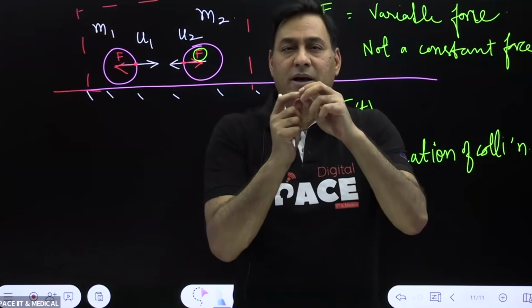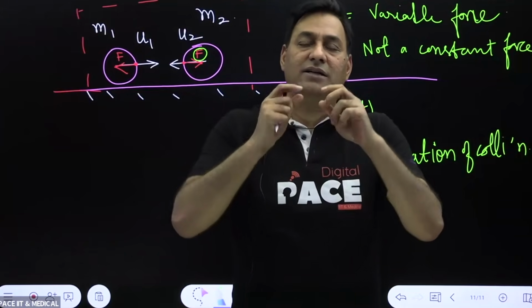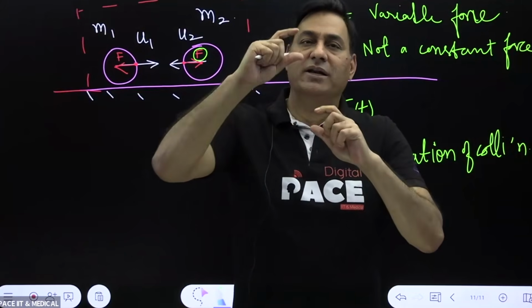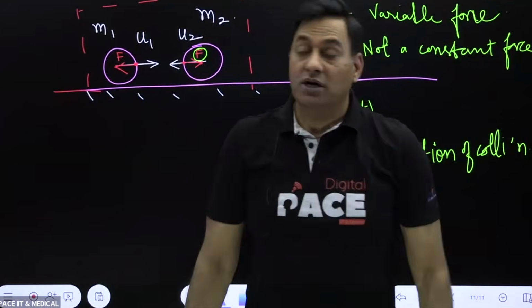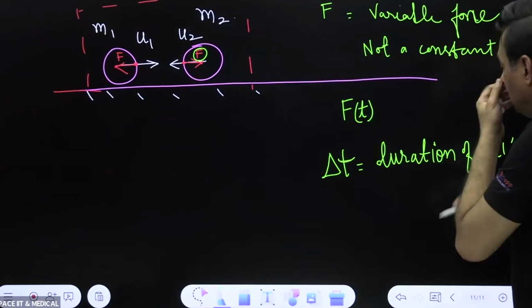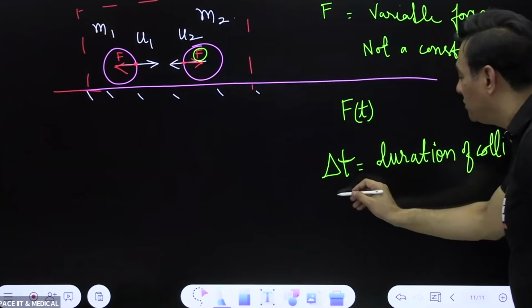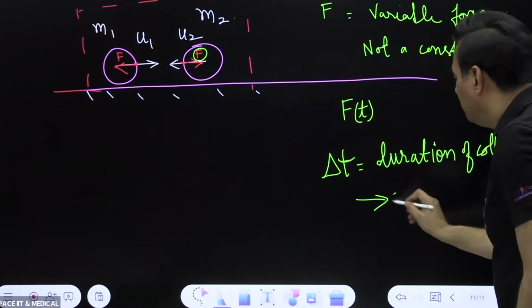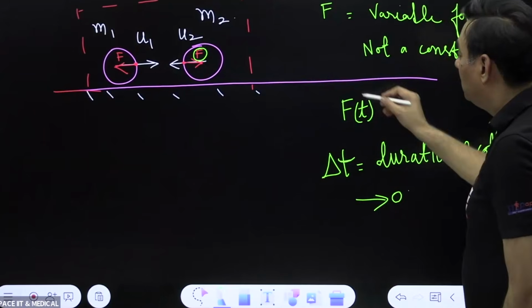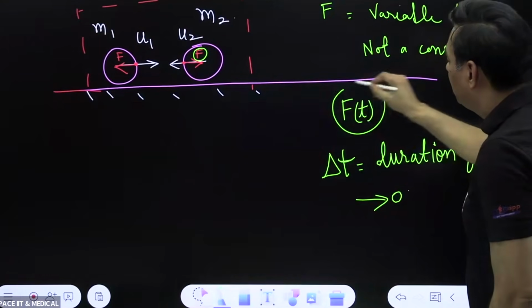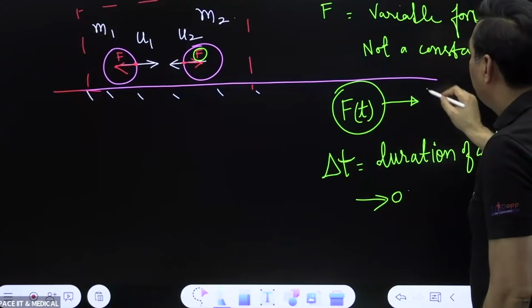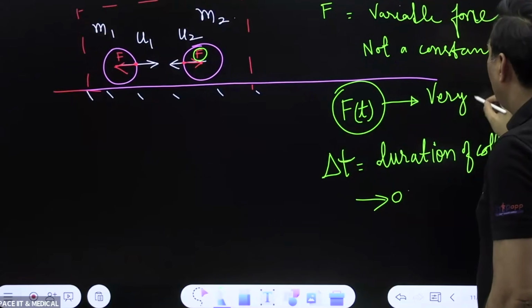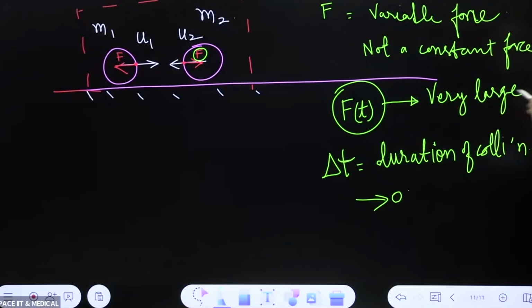The change in momentum is happening over a very small time period, and change in momentum upon time taken is defined as force. Those forces are very large in magnitude. So please note down this: duration of collision tends to zero, and therefore this force, which is variable, has very large magnitude.